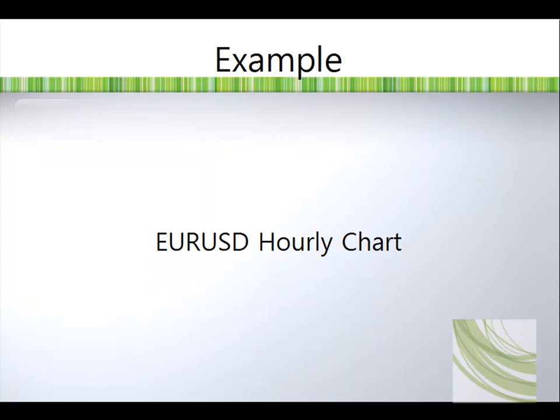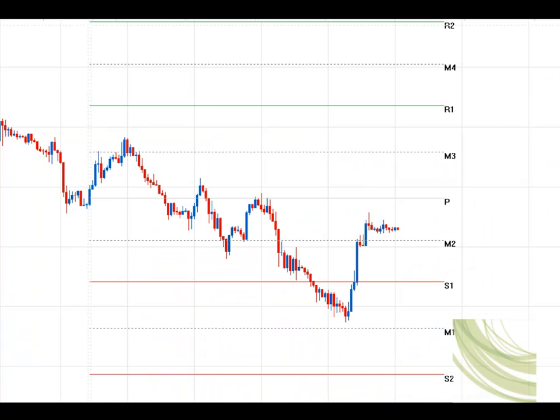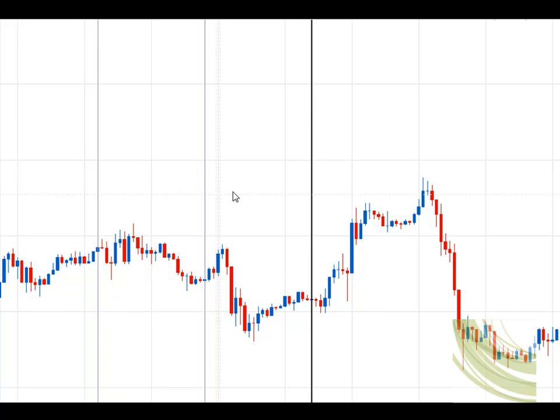Okay, so let me show you how you actually get this M pivot level. Let's go to the Euro Dollar hourly chart to take a look. Let's say today is, for example, 11 January, and I want to plot the M pivot level here for the day.